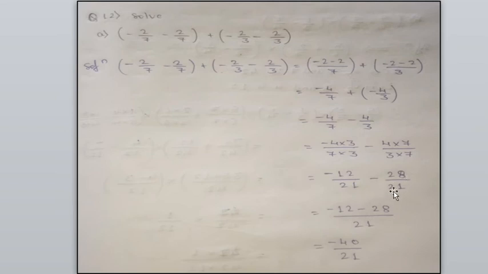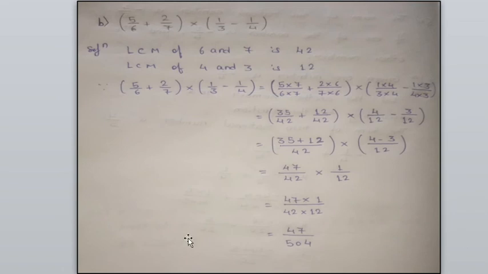Here we got the denominator 21, and then we perform the subtraction between the numerators. So that is minus 12 minus 28 divided by 21. Minus minus will be plus, it means 12 plus 28 is 40, and the sign of 28 is minus. So we write minus 40 divided by 21.